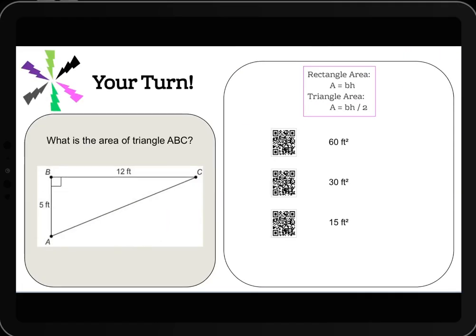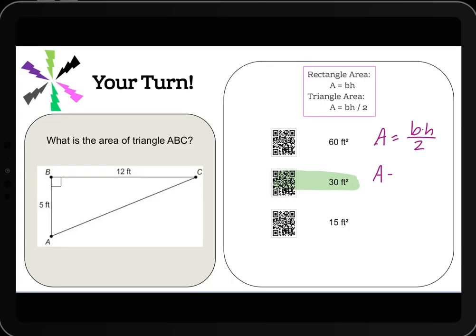So pause the video and see if you can come up with the area of this particular triangle. Here we should have selected the middle option, 30 square feet, as our answer. There's lots of ways you can do this. The formula is probably the best way, right? You have the base times the height divided by 2.